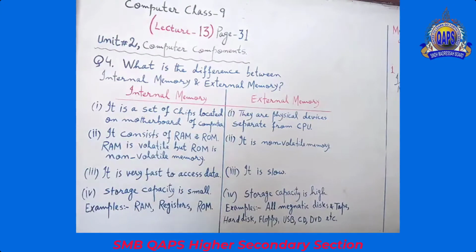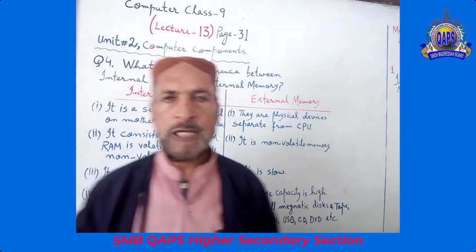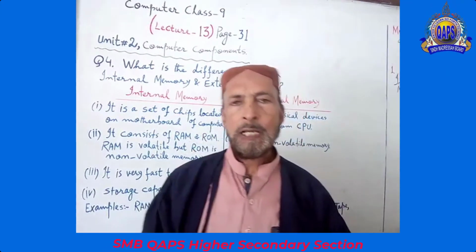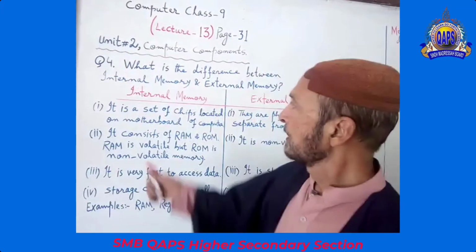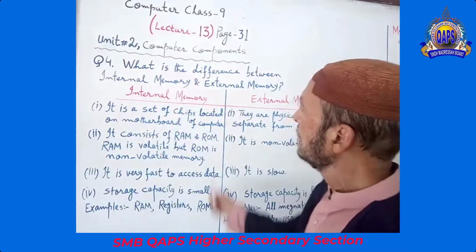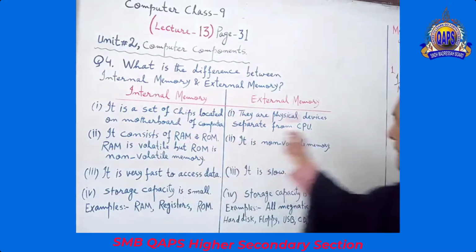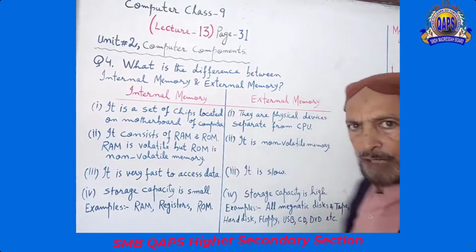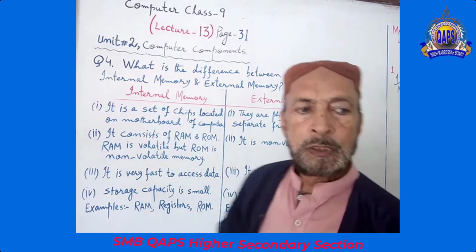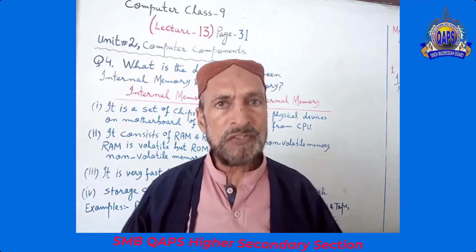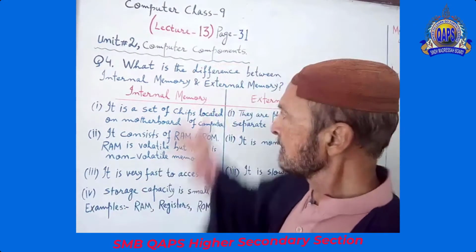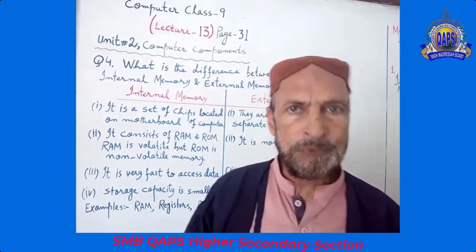Look at the board. First of all, you will have to make two columns. I told you this thing before. Make two columns. This column, internal memory, that column, external memory. So, you can get more marks in your annual examination if you write the difference in this way as I am telling you.